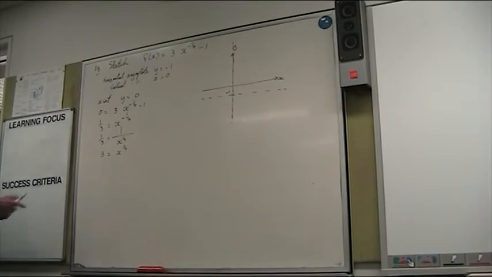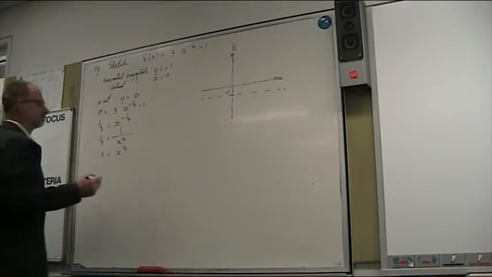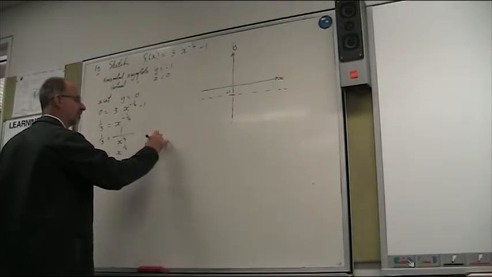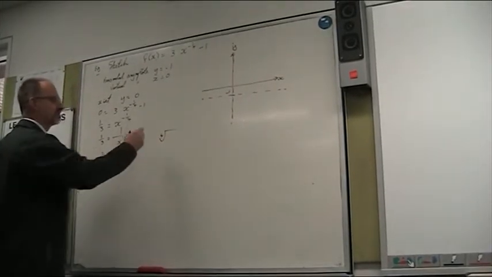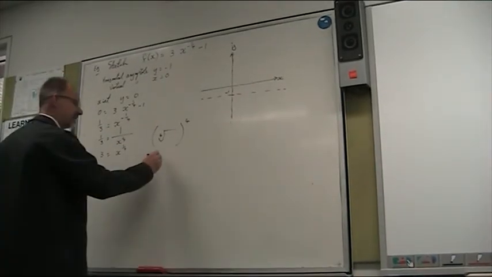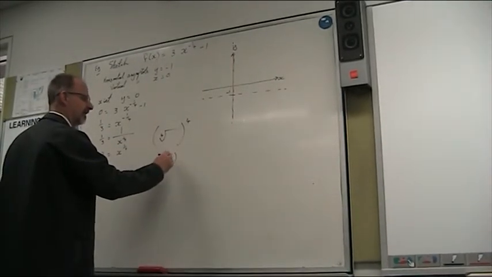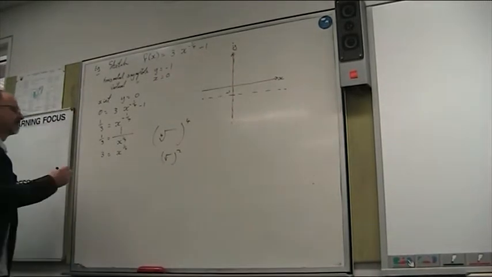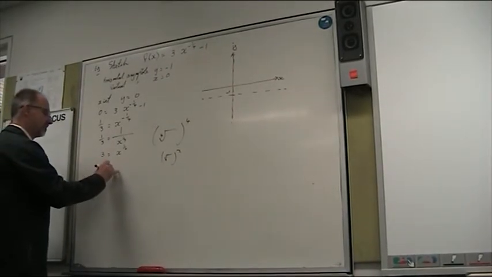So to get rid of this quarter, I need to do times, no, power of 4. It's the fourth root, isn't it? The opposite to the fourth root is the power of 4, just like when we have something that's square rooted, we'd square it. So 3 to the power of 4.